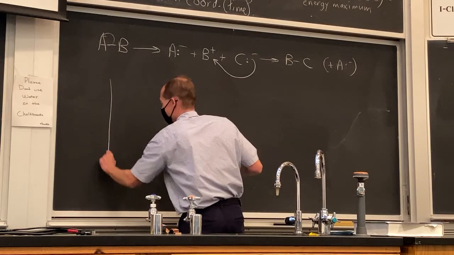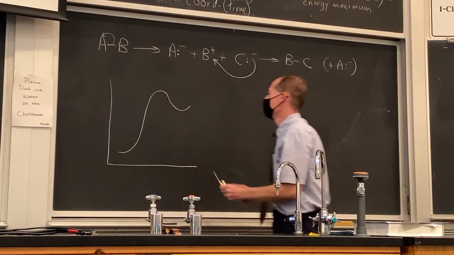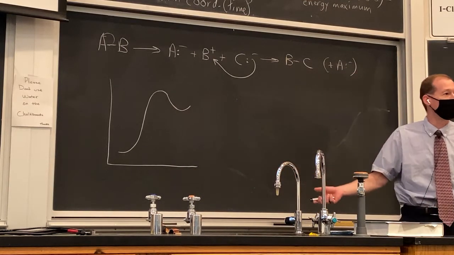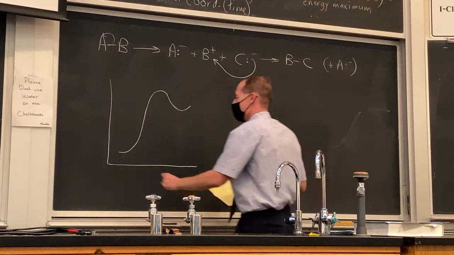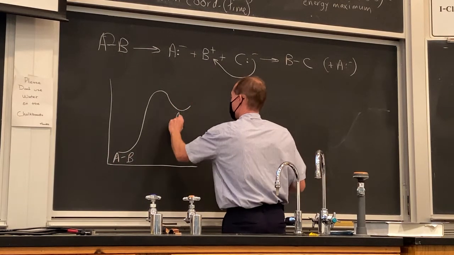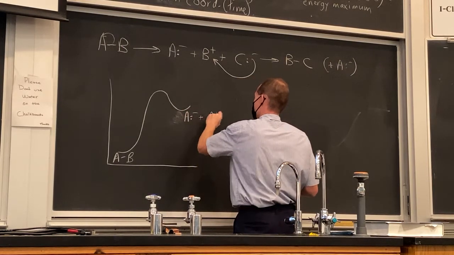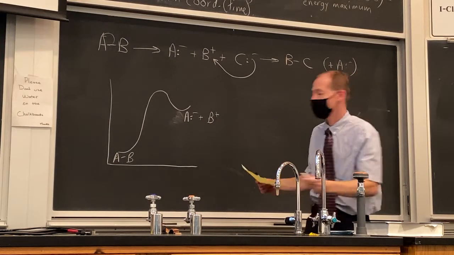So our energy diagram will look like this, with the products higher in energy than the reactants. So here we have AB, our products. I'll draw them off to the side here a little bit. A minus and B plus.